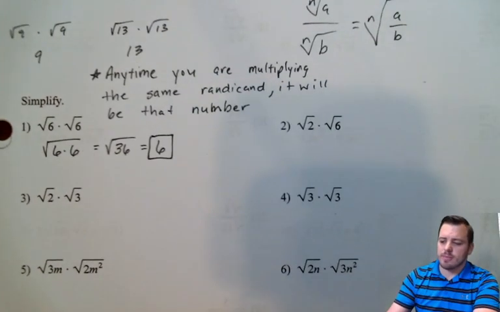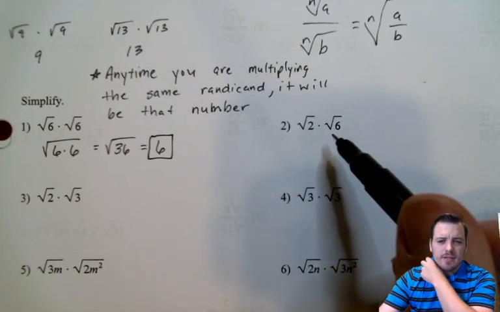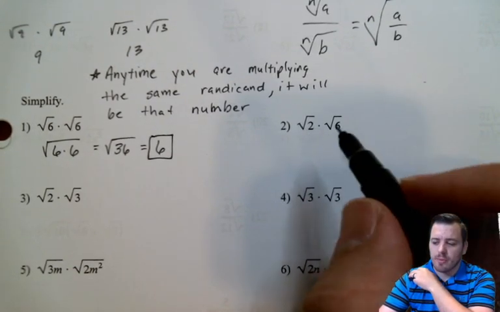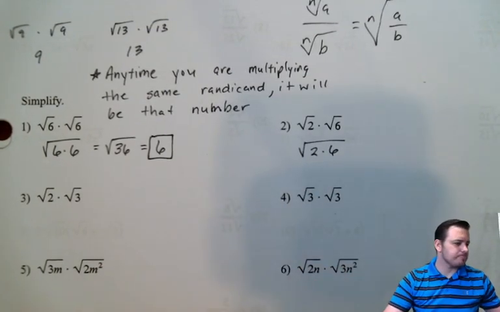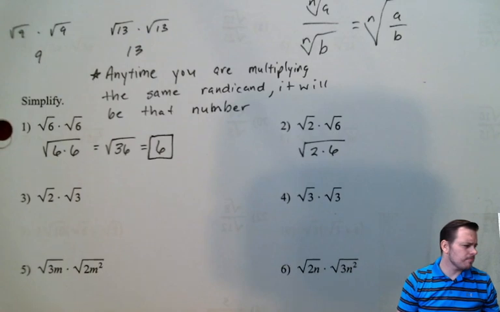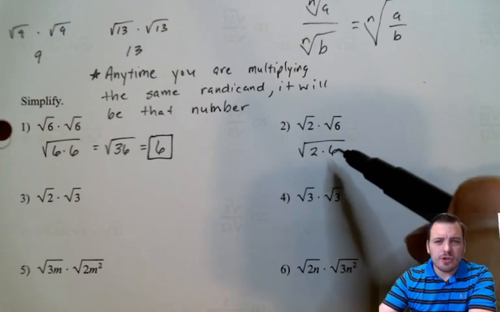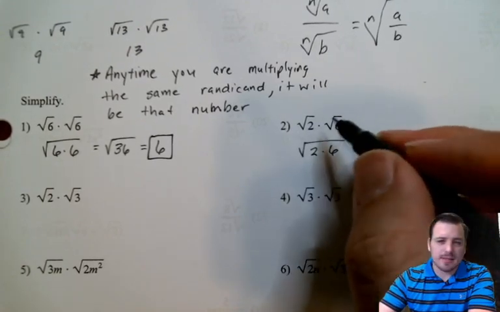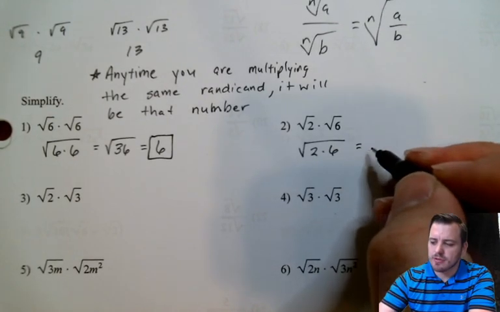All right, let's jump over here to number 2. Radical 2 times radical 6. What do you do with those? You just multiply them. That goes to radical 2 times 6. Since they're not the same, it's obviously not going to be the same number. 2 times 6 is equal to radical 12.